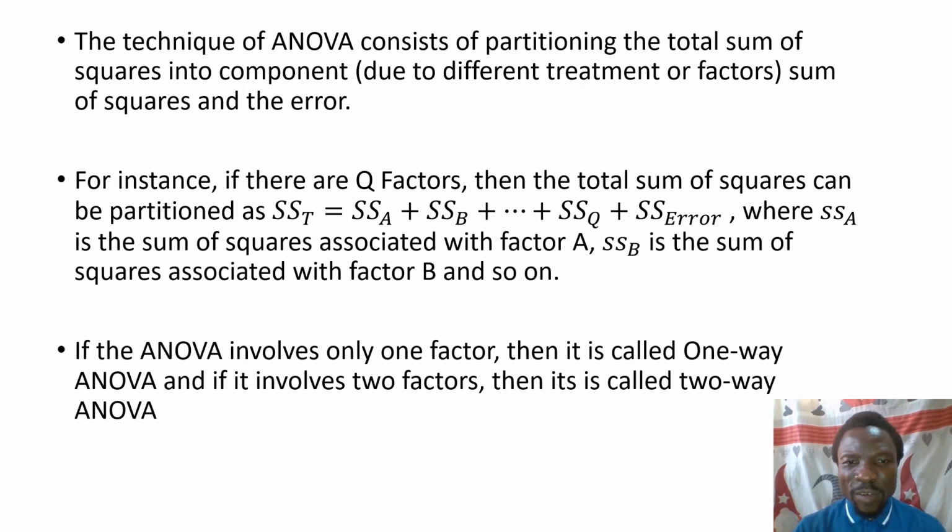Now, if the ANOVA involves only one factor, then it is called a one-way ANOVA. If it involves two, then it is called two-way. And we can also have higher order ANOVA depending on the number of factors.